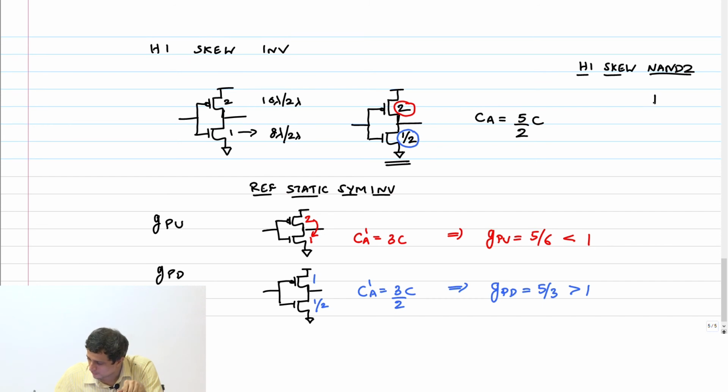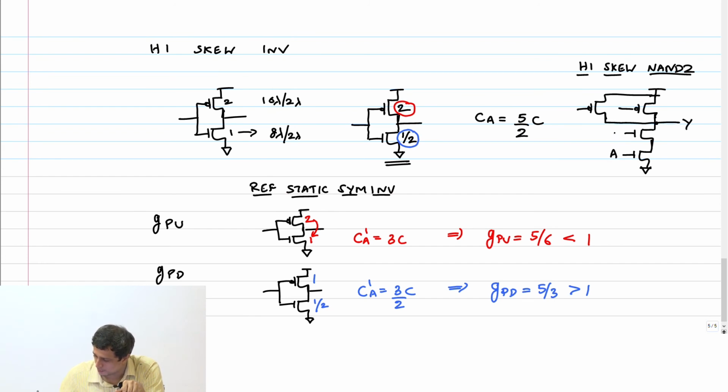What am I going to do? A, B, and A and B. So what will be my sizes of these transistors? I want it to be a high skew NAND. So the PMOS should be 2, right? You don't change that. This will be 2. What should be the NMOS sizes?